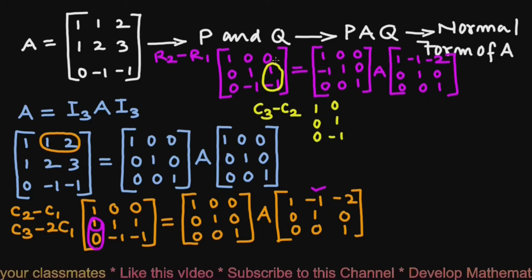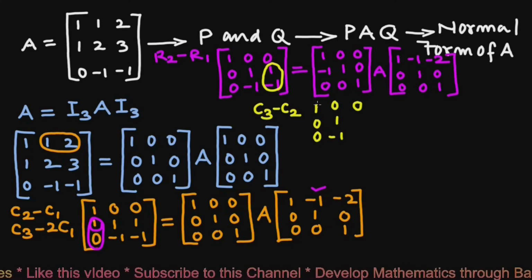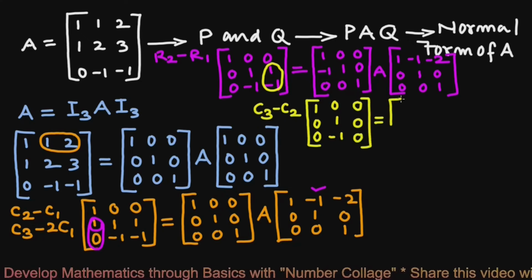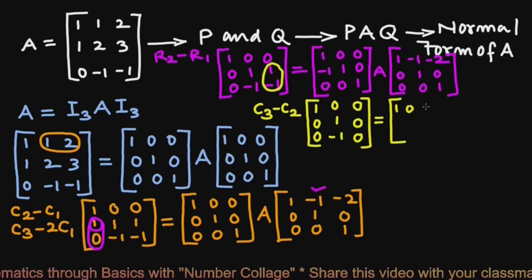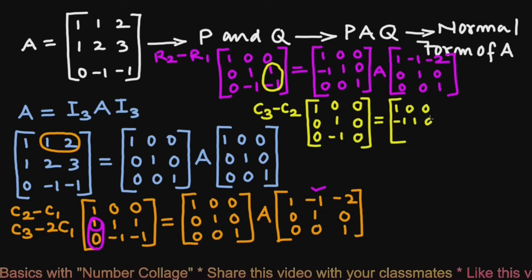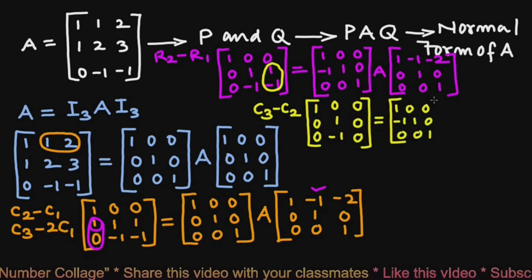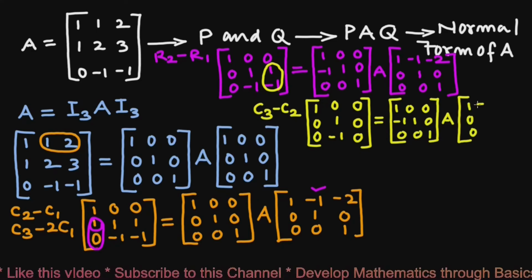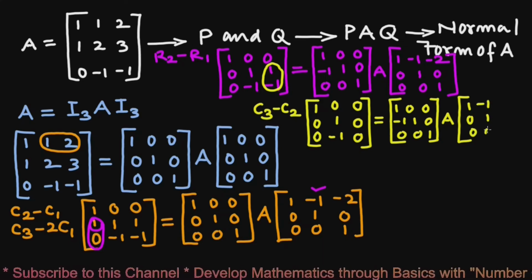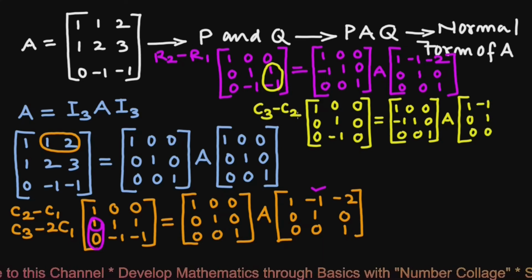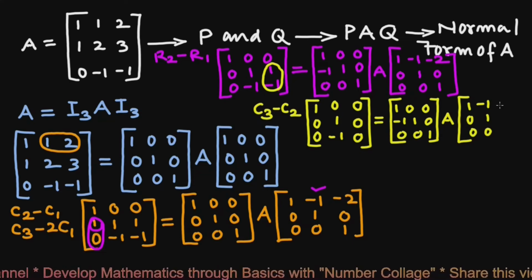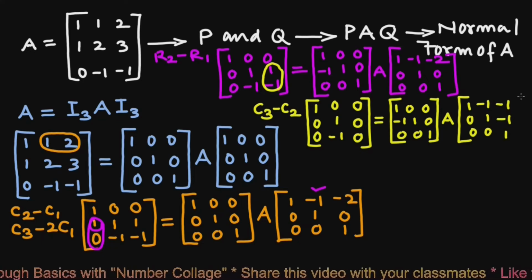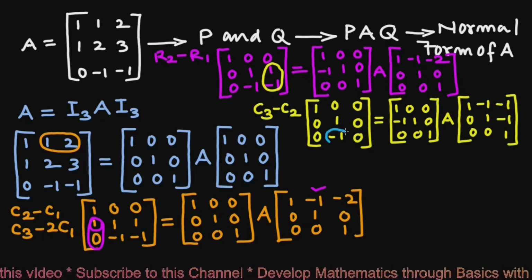In the third column 0 minus 0 will be 0, 1 minus 1 will be 0, -1 plus 1 will be 0 equals, the prefactor remains the same. [1 0 0; -1 1 0; 0 0 1] A. For C3 minus C2, first column 1 0 0, second column -1 1 0 will remain the same. C3 minus C2 will give -2 plus 1 = -1, 0 minus 1 = -1, 1 minus 0 = 1, and finally we have to make this -1 zero.